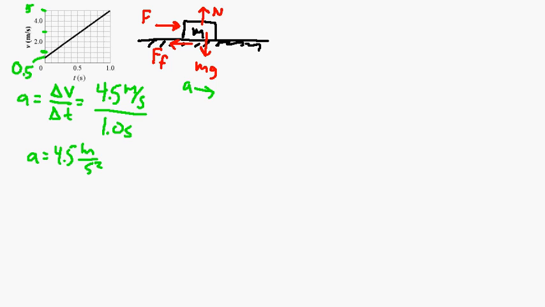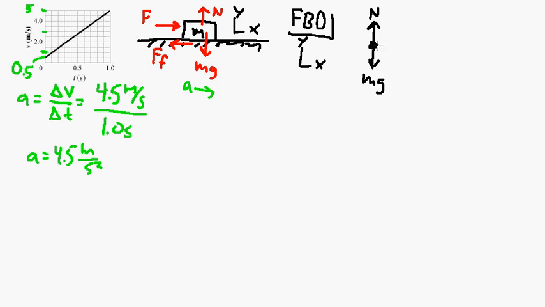Okay, so now let's go and take our block and do our free body diagram on the block. So, as usual, x and y, and here we go. Normal force, mg, friction force, and our applied force F, which we were given.